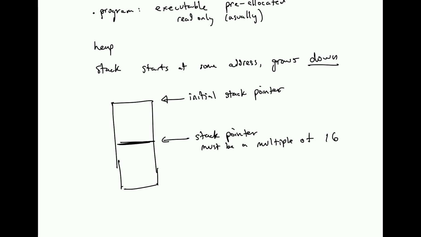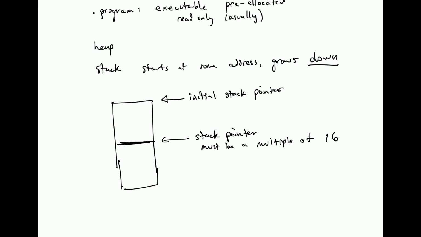If you do not have a stack pointer that's a multiple of 16, then what you will get is called a bus error. You'll see this. It's slightly different than a seg fault, but yes, you will get that error. So the stack pointer must be a multiple of 16. Period, end of statement, don't argue.